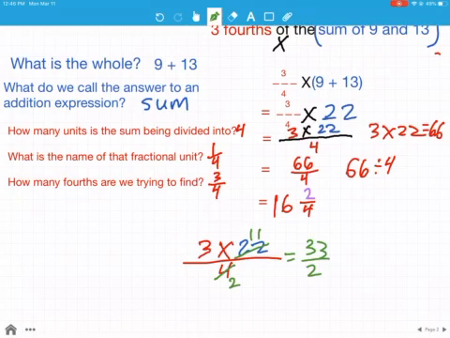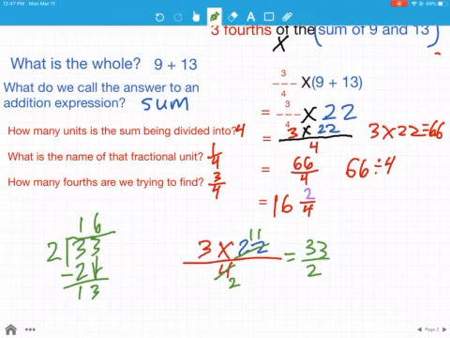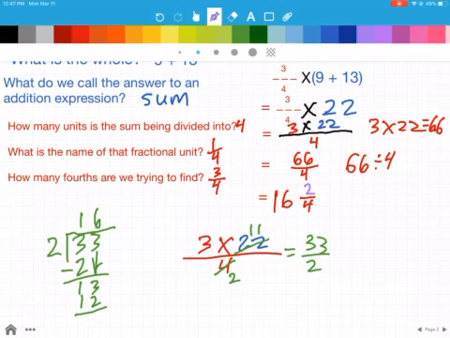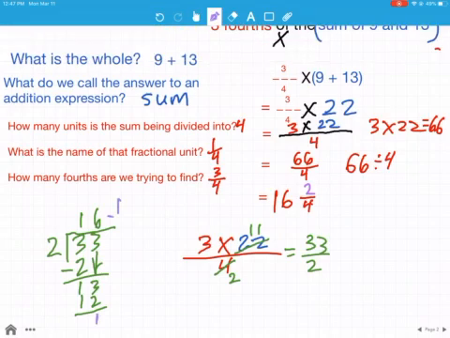Most of you know that 33 divided by 2, we can do 16. But just to show you, 3 divided by 2 is 1 time. I'm going to bring down the 3. Now I have 13 divided by 2, which is 6. And 6 times 2 is 12. My remainder here is going to be 1. So it's 1/2. Okay, so 16 and a half is the same as 16 and 2/4 because 2 is half of 4.